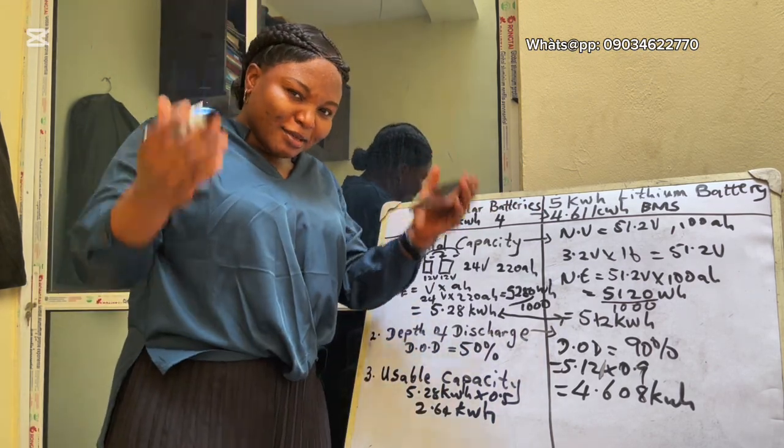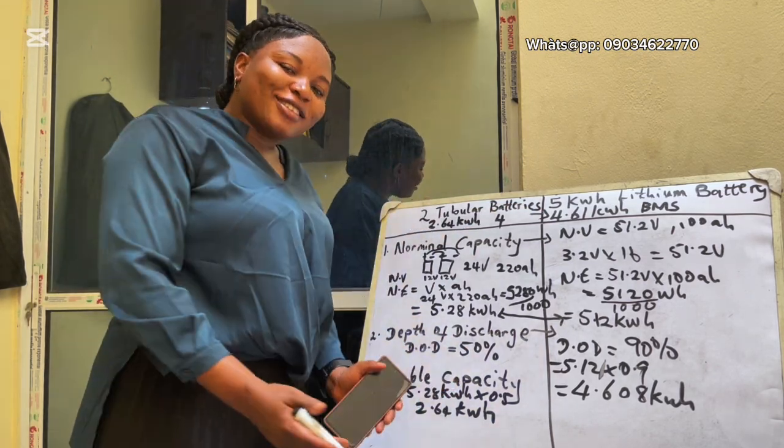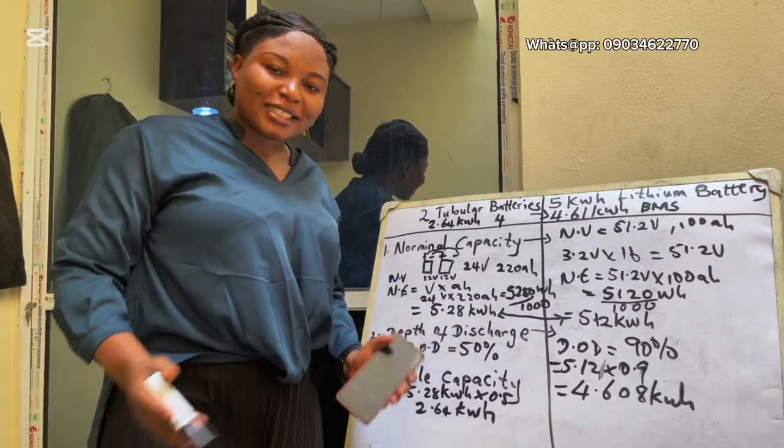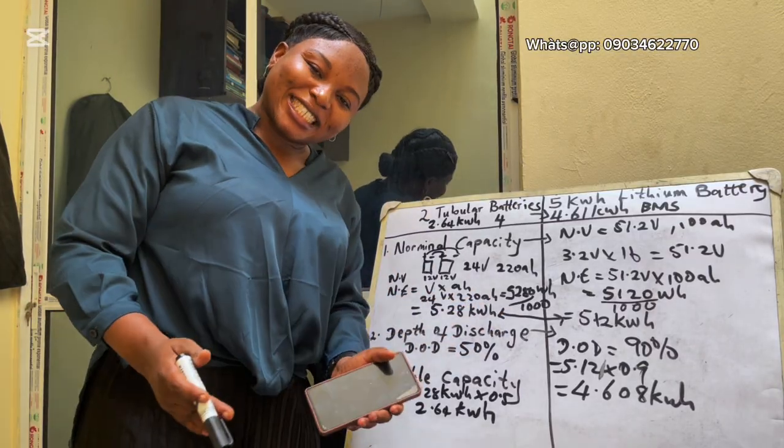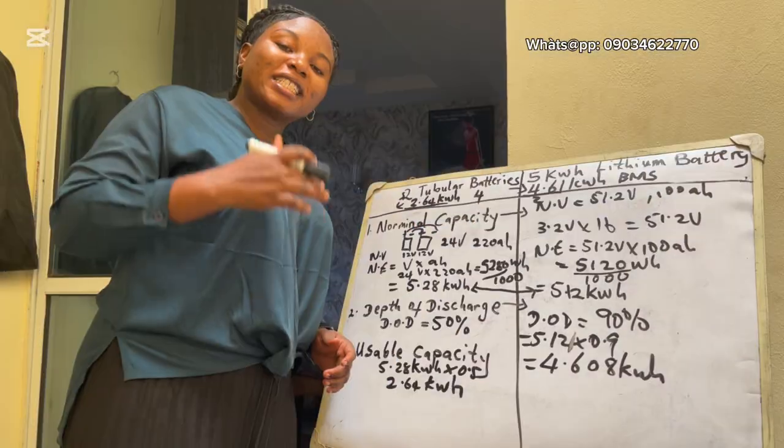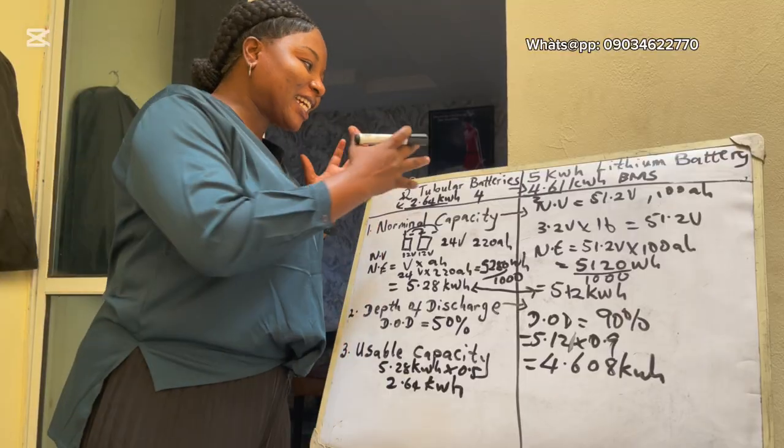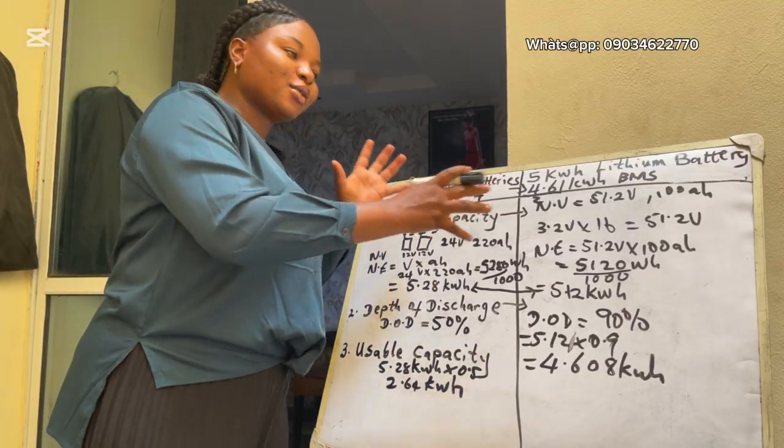So my dear, from what you have seen so far, which do you suggest that the customer will go for? Let's even consider the load that this client is going to use on these batteries.